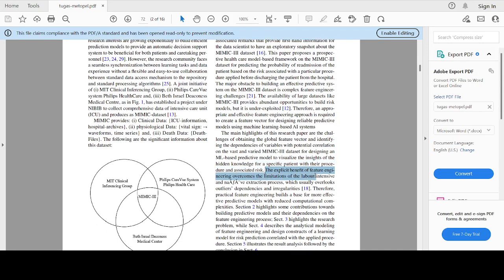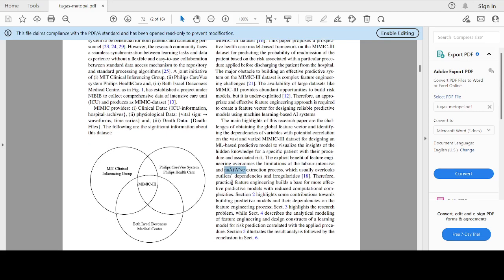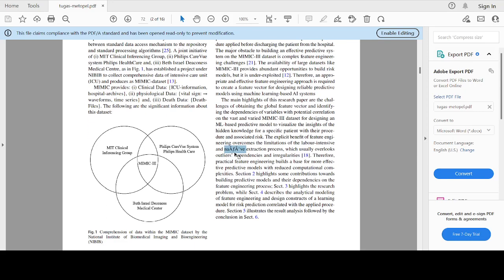The explicit benefit of feature engineering overcomes the limitation of the labor-intensive approach, which usually overlooks outlier dependency and inequalities.